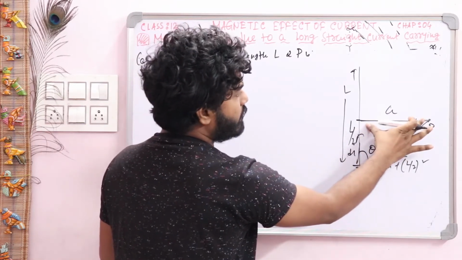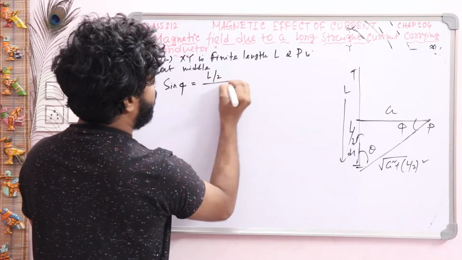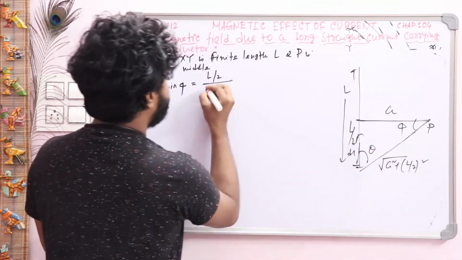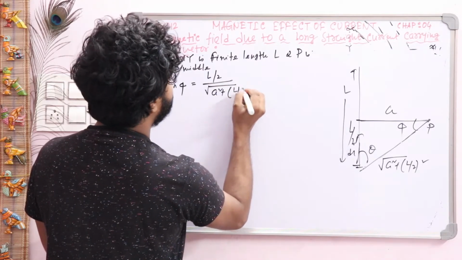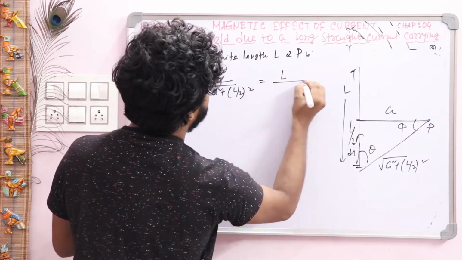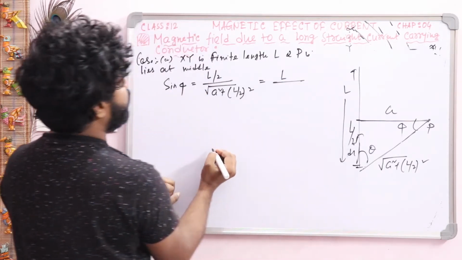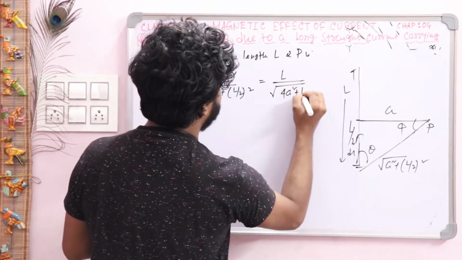The perpendicular is L by 2, and the hypotenuse is root under a square plus (L by 2) the whole square. On simplifying, this will be L divided by root under 4a square plus L square.